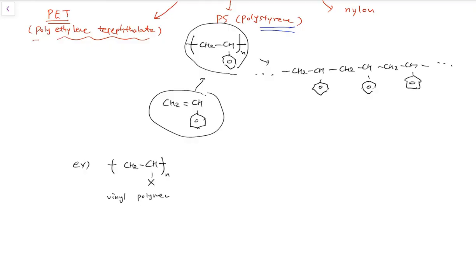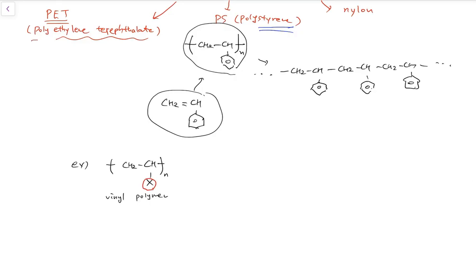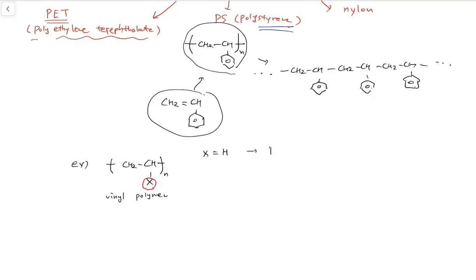Depending on the structure of this X substituent, you could have different polymers. If X is simply hydrogen, then that is just polyethylene, or PE. If X is methyl, the resulting polymer is polypropylene, or PP. If X is a benzene group, then we have polystyrene.